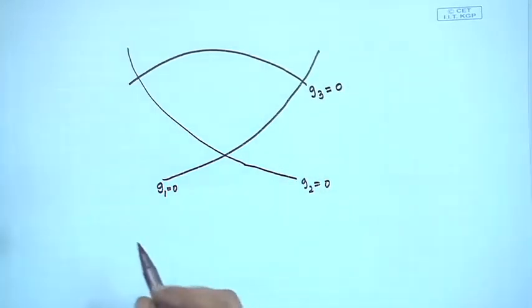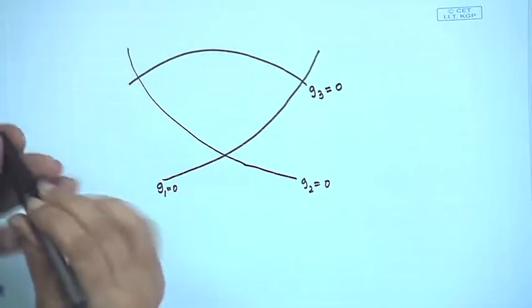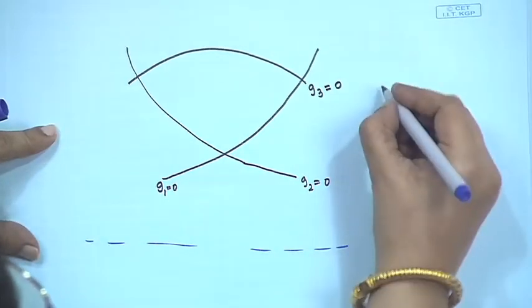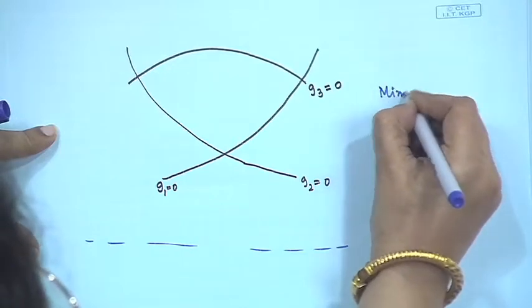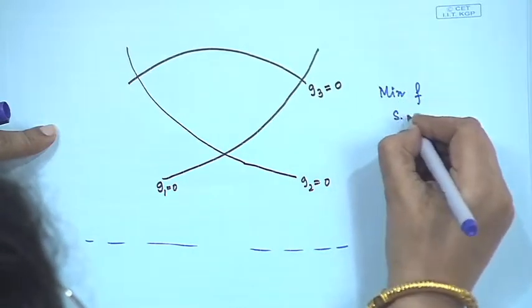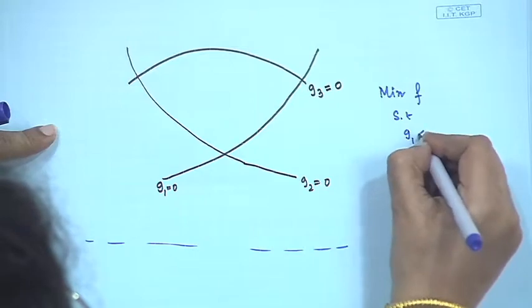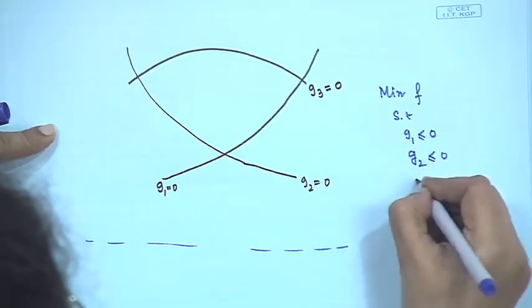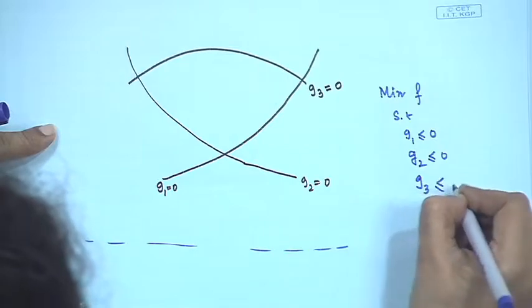Now the objective function is moving in this direction. Our problem is to find out minimization of f subject to G1 less than or equal to 0, G2 less than or equal to 0 and G3 less than or equal to 0.